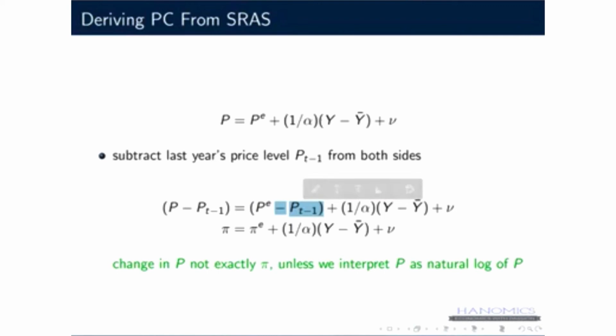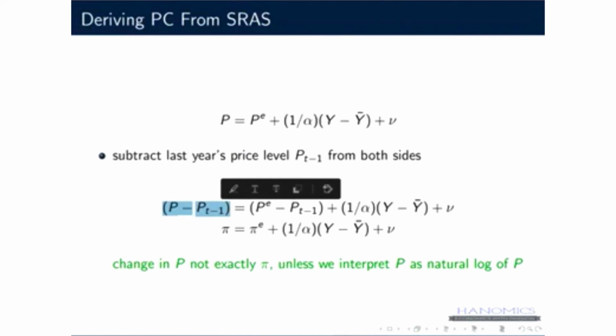So from here we could say this looks very similar to the inflation rate, but just before we leave this point, notice that the change in prices is not exactly the inflation rate, unless the prices were expressed in terms of their natural log. This is something we discussed before in one of the tutorials, I think it was tutorial 2, where we explained the difference between the natural logs.